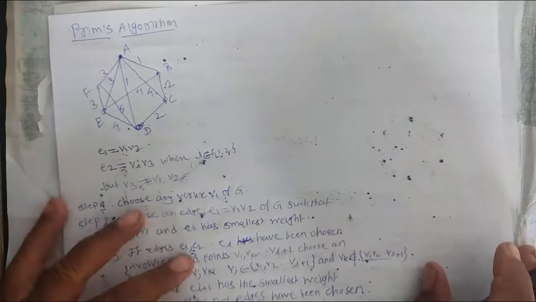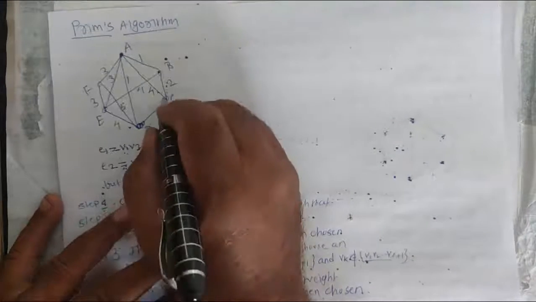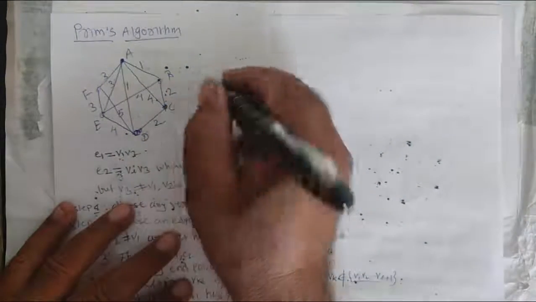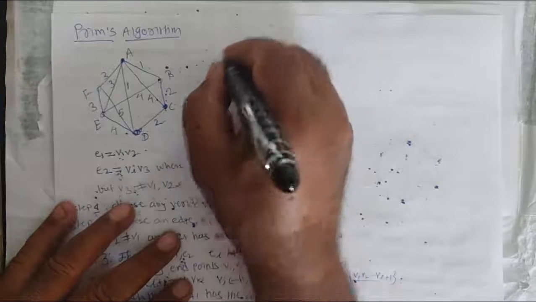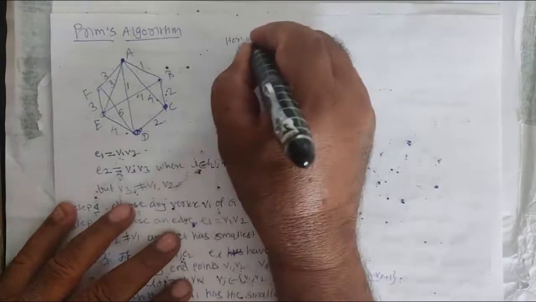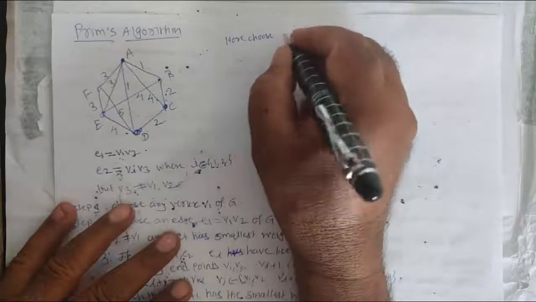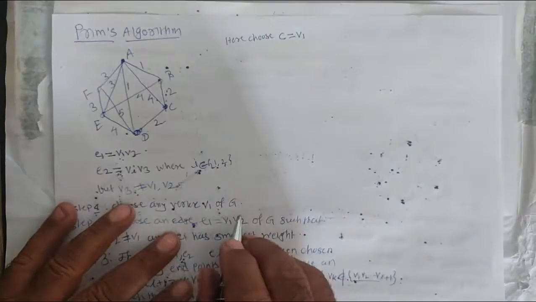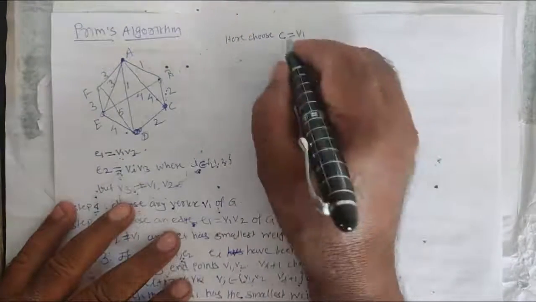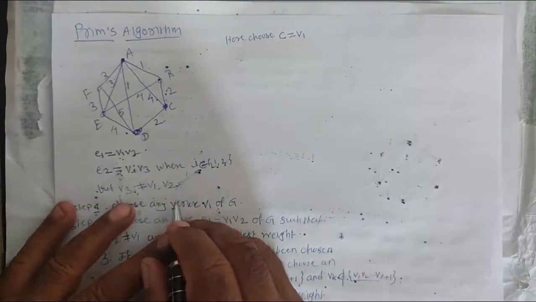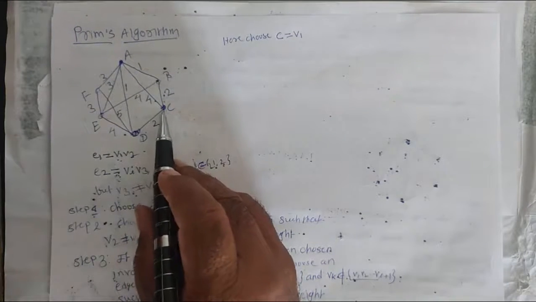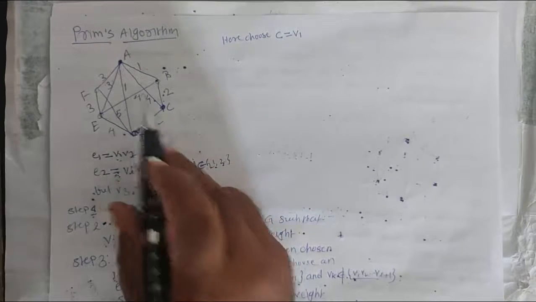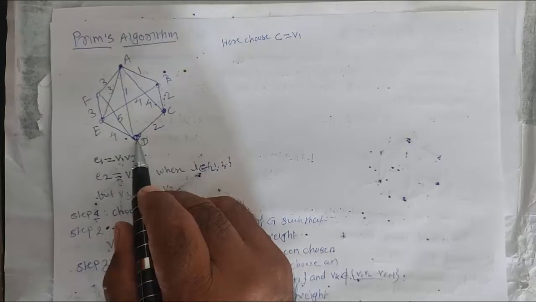Here, choose any vertex. If you choose C equal to V1, then three edges are incident: CB, CA and CD.